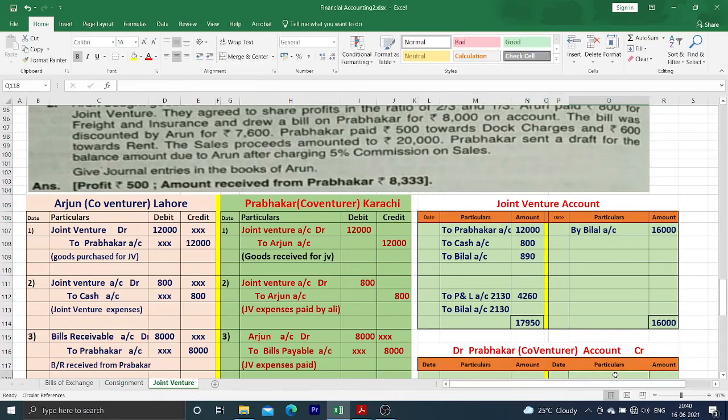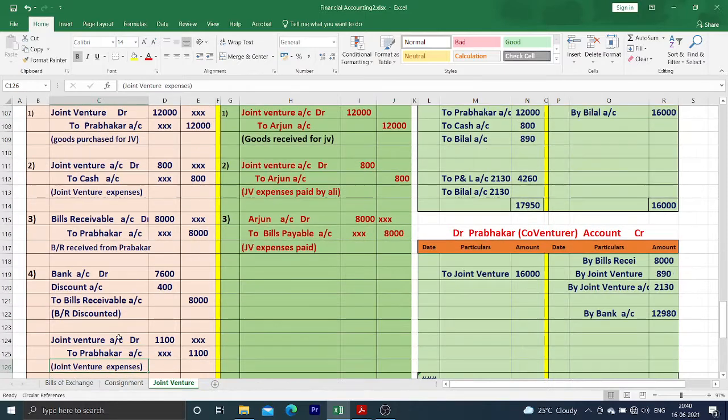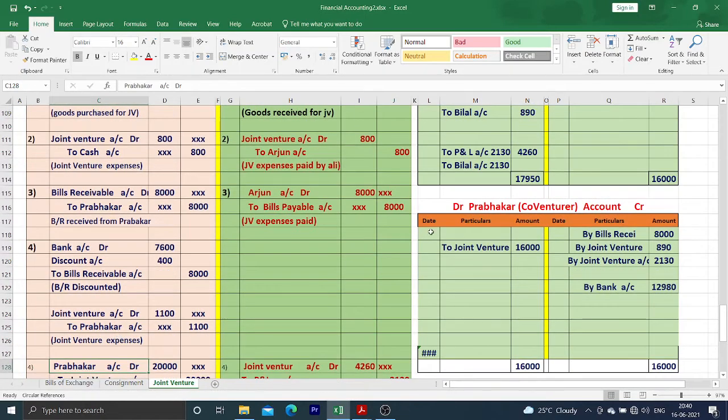Bills receivable amount is 8,000. Bank account, discount account, we may not get this one. Joint venture account debit to Prabhakar 1,100. By joint venture 1,100.